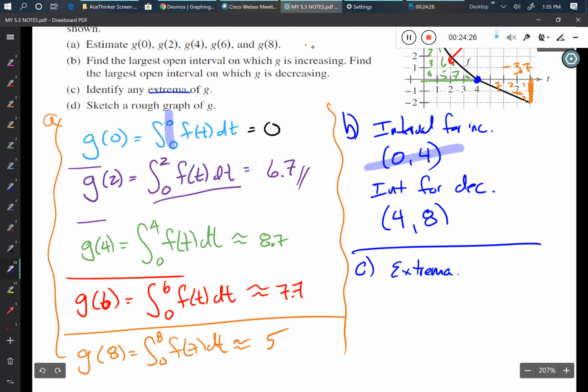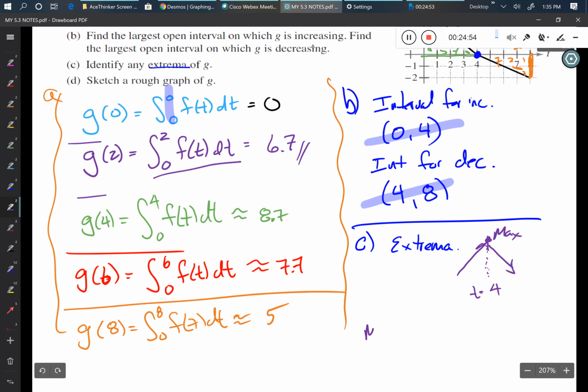We said that was an interval of increasing, that was an interval of decreasing. And so if I go up and then I go down, what's that called? Ideally, it's called a maximum. And if that's a maximum, then when does that occur? What is the t-value that gives that maximum? And it looks like that t-value was 4. So it looks like we have a maximum at t equals 4.